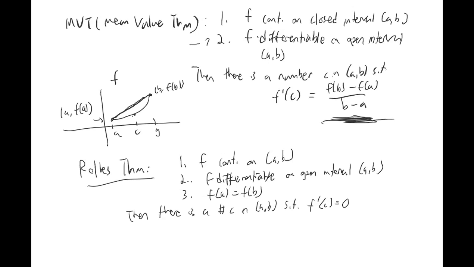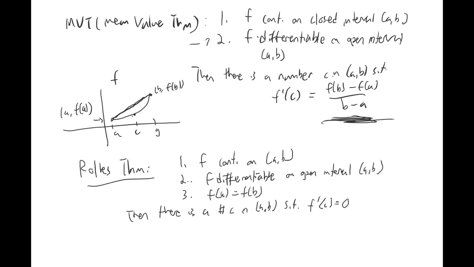So you see here, Rolle's is basically saying there is a critical number, right? So there has to be a point where there's a local max or local min, supposedly. Or maybe not local max or local min, but there's a point where you're 0.